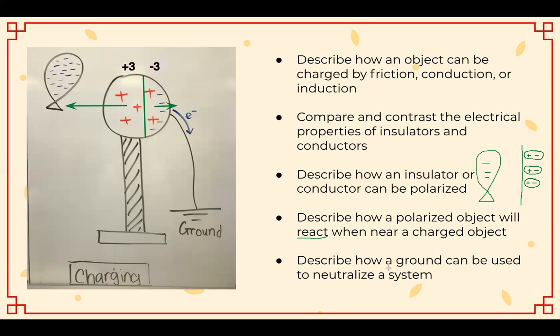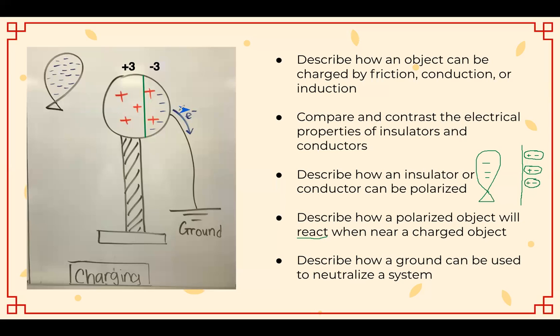Last one on the bottom here. The ground can be used to neutralize the system because the ground has an infinite supply of electrons. In this case, the ground can hold as many electrons as are going to flow out of this sphere. So if I take out my forces, maybe 3 electrons flow out. I'm picking 3 so that the right side of the sphere becomes neutralized.